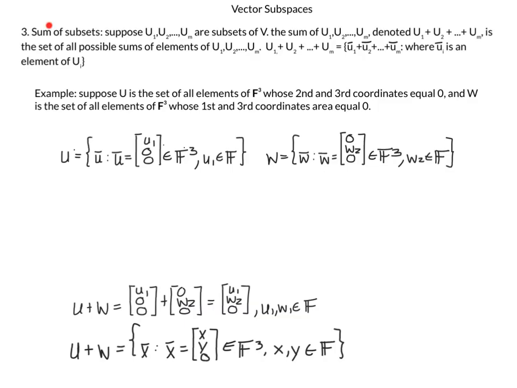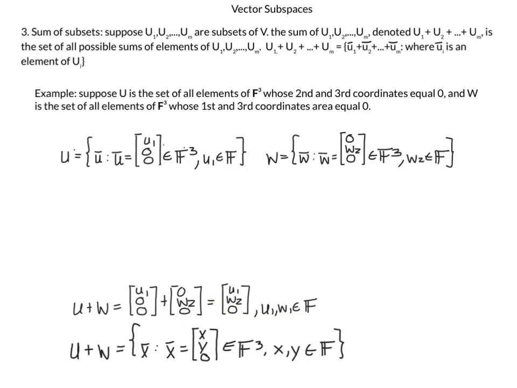Now, if I wanted to look at the sum of subsets of U and W, I need to consider what a representative element of U looks like, which is U1, 0, 0, added with a representative element of W, which is 0, W2, 0. So it looks like a U1, a W2, and a 0. So this is what the sum of the subsets looks like.